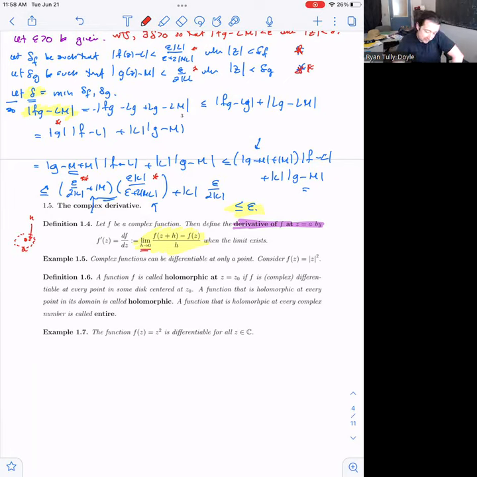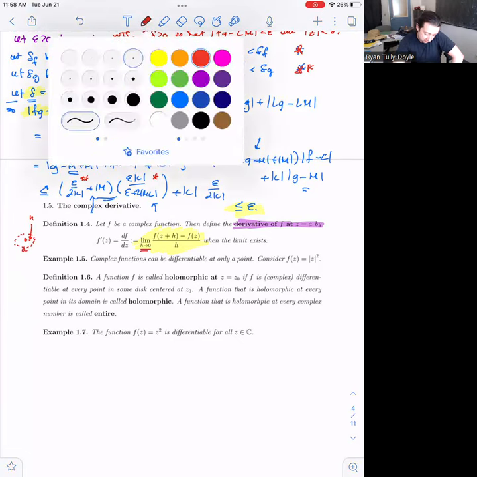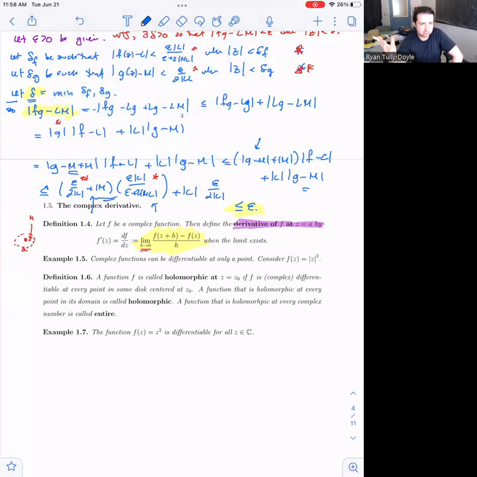It's easy, if you've seen complex variables before, to get the idea that having a complex derivative is the nicest thing in the world. You have to be a little bit careful, because just like functions of real variables can be differentiable at only a point, the same thing can happen in complex variables.